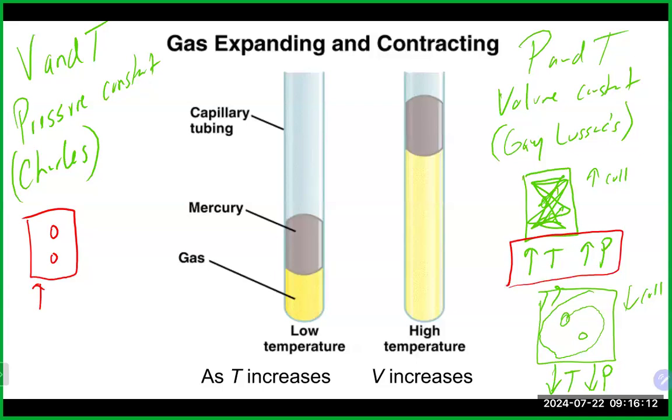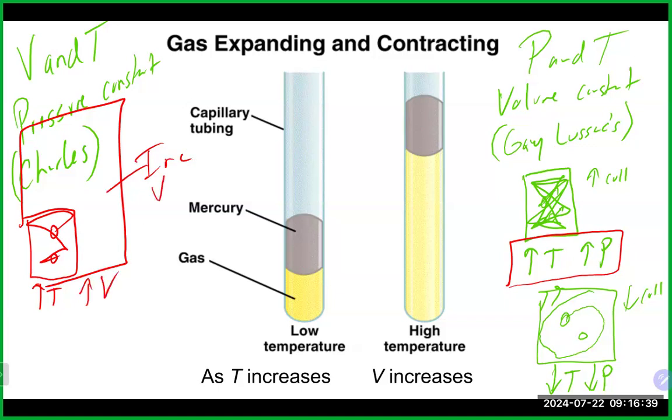But in this case, we actually want to keep the pressure constant. Because we are increasing the temperature, we're going to get our gas molecules to fly around a lot faster. What allows it to maintain the pressure as constant is that because the gas molecules are moving faster, we need to increase, dramatically drawn here, the volume.